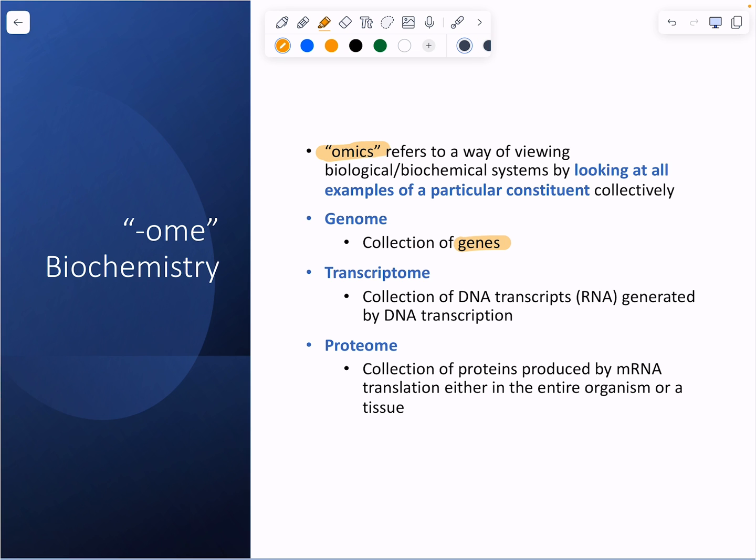So if we talk about the transcriptome, what we're talking about are the transcripts, the RNA. This is one of those cases where we can look at what genes are being activated when I have this environmental condition or when I have this disease.